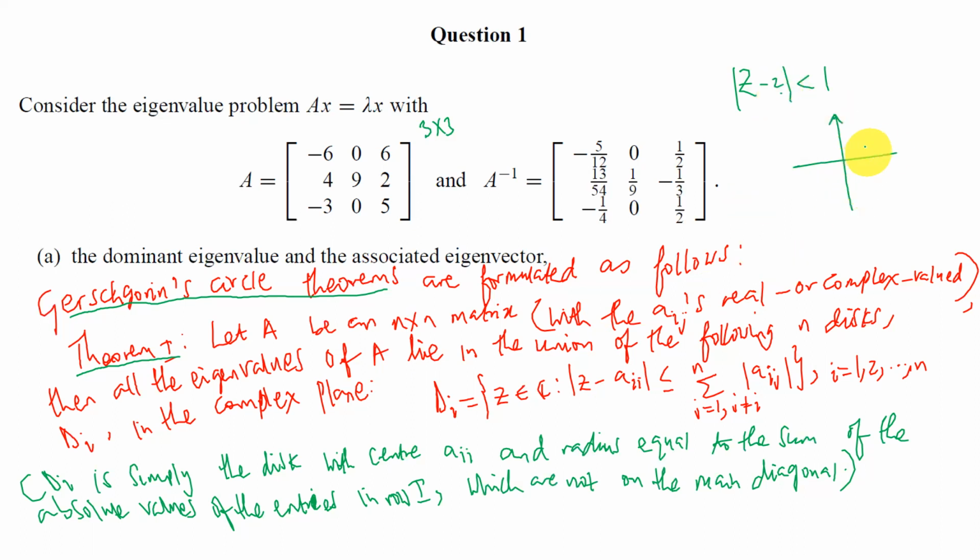We're going to look at things like that. These things are real here, so the center is 2 plus 0i, with radius 1. So it's going to be a disk like this, radius 1.